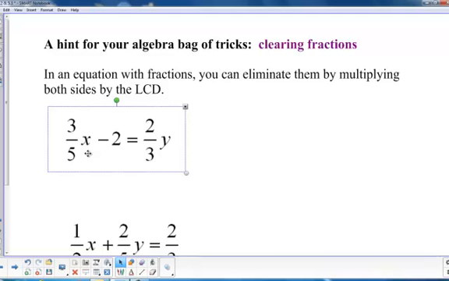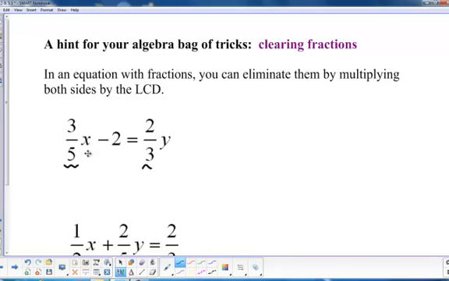All right, if you have an equation like this, those fractions are unnecessarily problematic. So if you think about your least common multiple, that means what could we multiply this by to get rid of both the 5 and the 3? And 5 times 3 is 15.